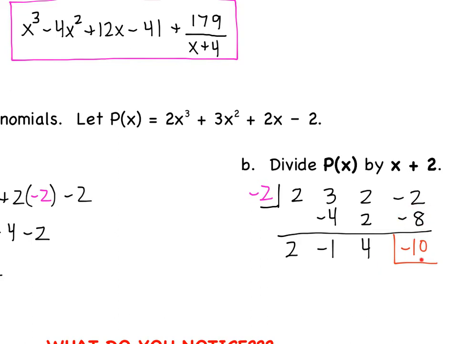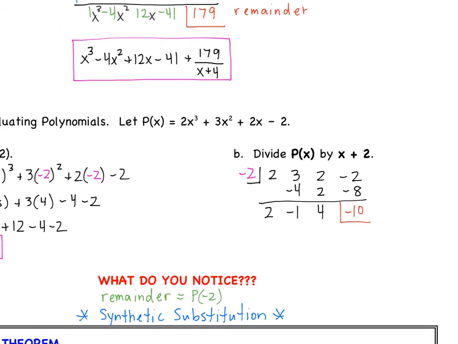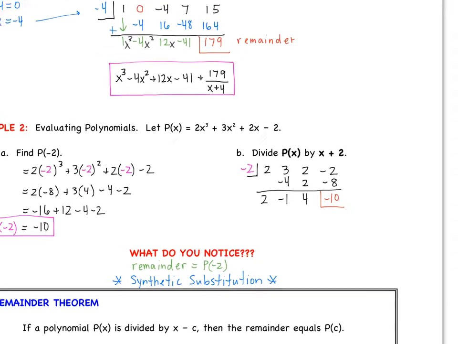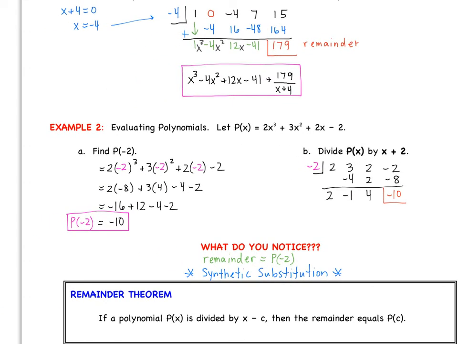And what do we notice? Okay, what we should notice is the remainder is the same as p of negative 2 when we did direct substitution. So this is called synthetic substitution. So if I wanted to simply find what p of negative 2 is, negative 2 goes in the box, we go through our synthetic division process, and our remainder is our answer.